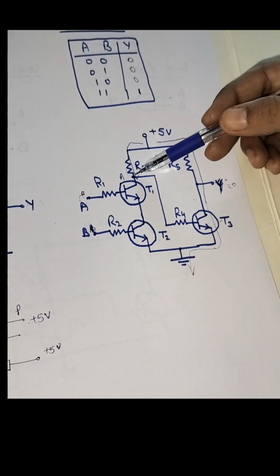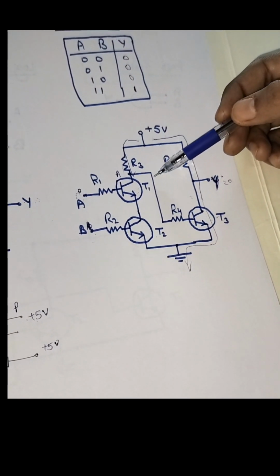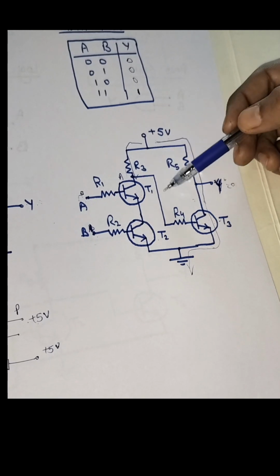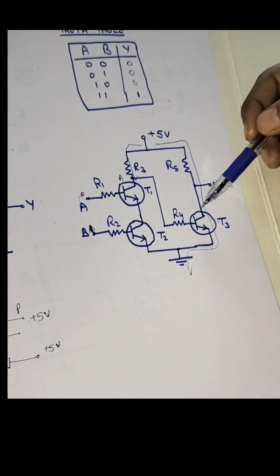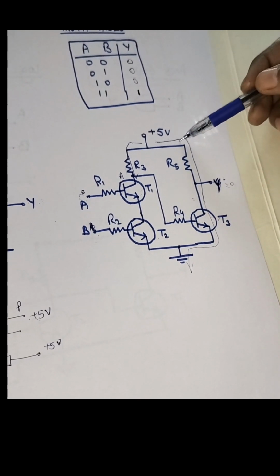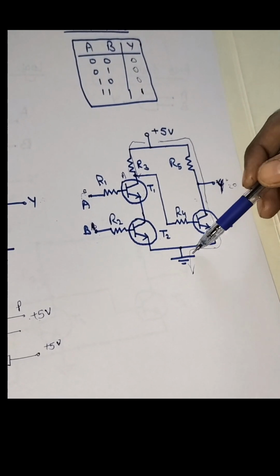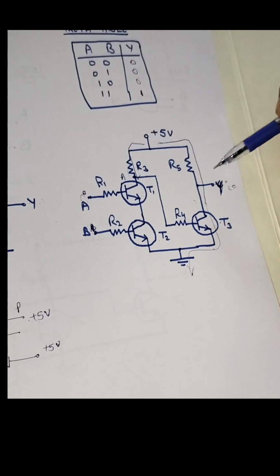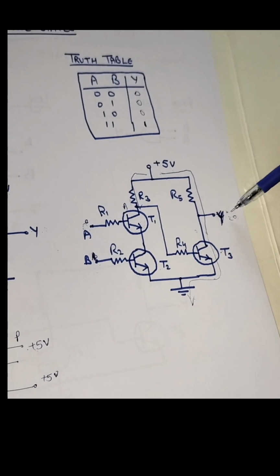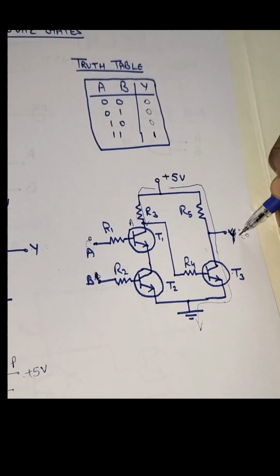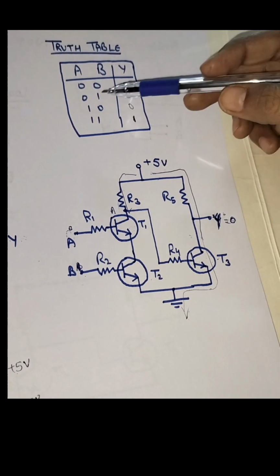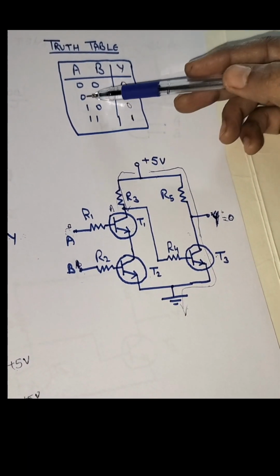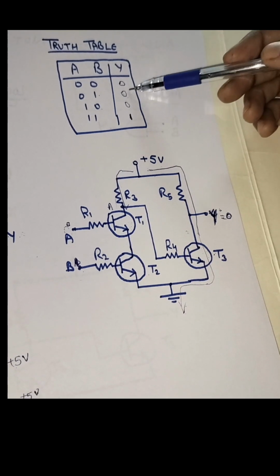And we will get all the voltage drop here, and a current will start flowing from point A towards the base of the transistor T3. This will make the transistor T3 turn on. It will be in saturation mode, and it will allow all the current to pass through it towards the ground terminal. So at the output side, we will not get any output. We will get 0 only. Okay, so for these two entries, when any of the input is 0, we will get 0 only.